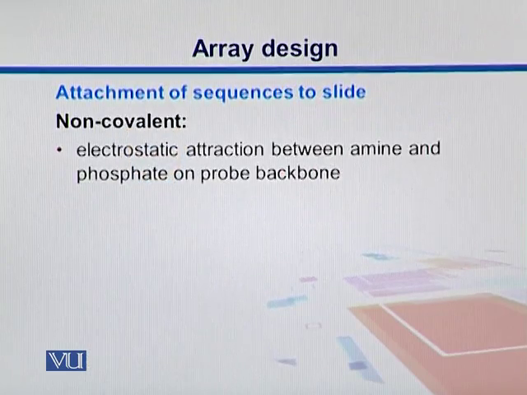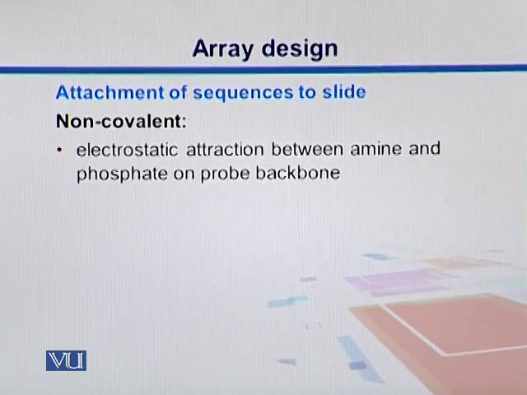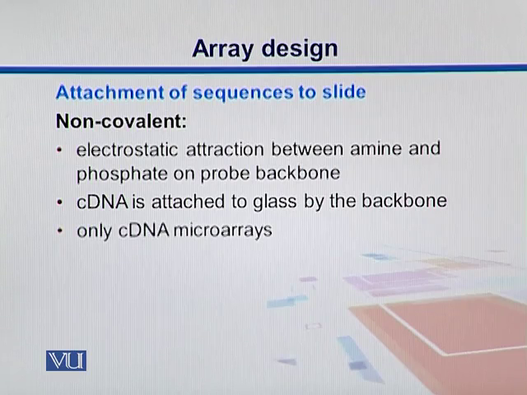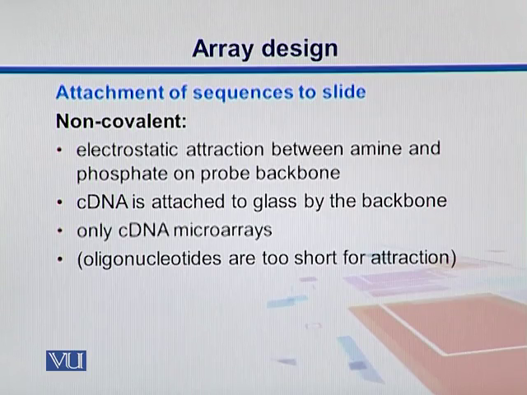In non-covalent attachment, we can have electrostatic attraction between amine and phosphate on the probe's backbone. A cDNA is attached to the glass by the backbone, and this happens only in cDNA microarrays. Oligonucleotides are too short for this kind of interaction, so if you want to use a backbone, you must have a large or long backbone.